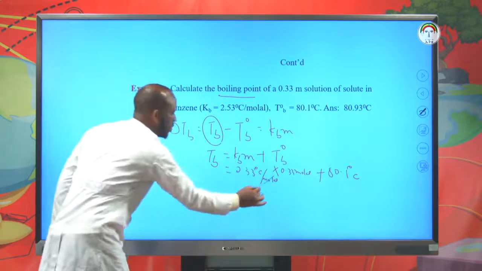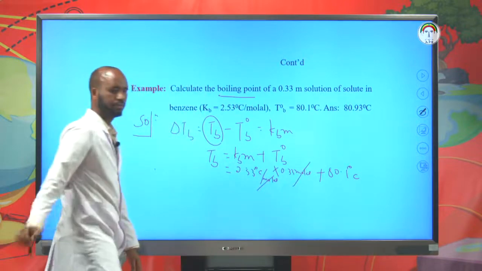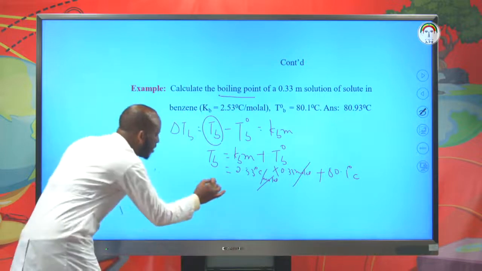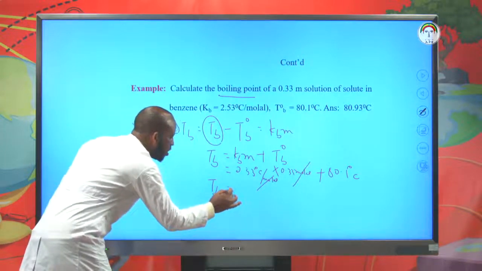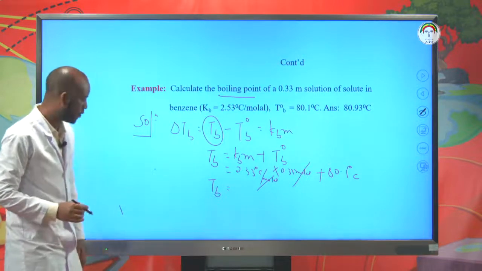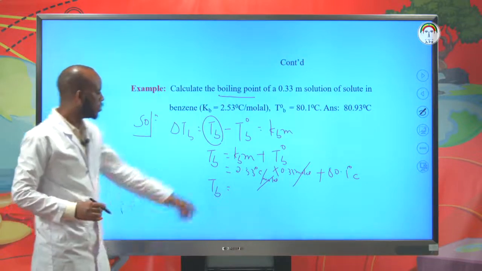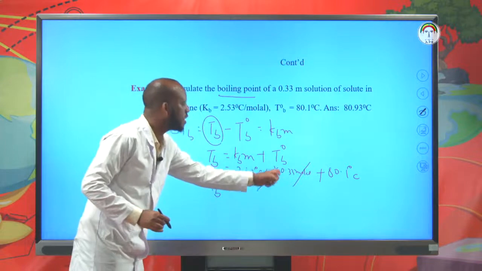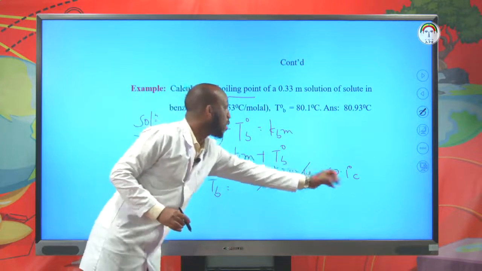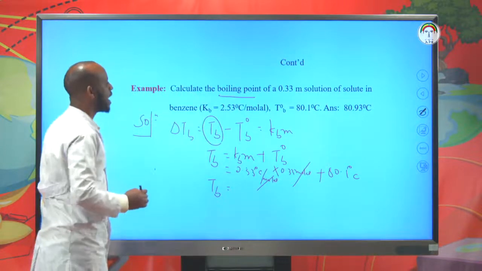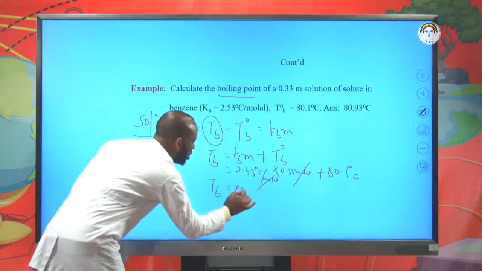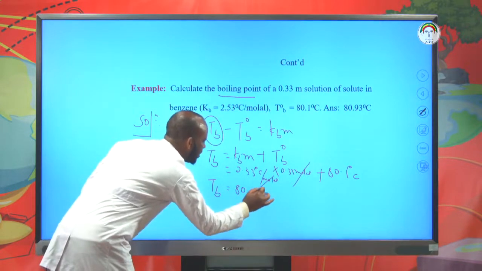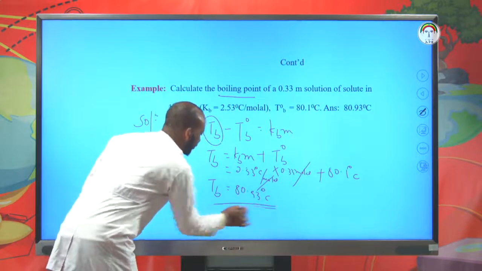Molar will be cancelled by molar. Therefore, boiling point of the solution equals 2.53 degrees centigrade times 0.33 plus 18.1 degrees centigrade, which is 18.93 degrees centigrade.